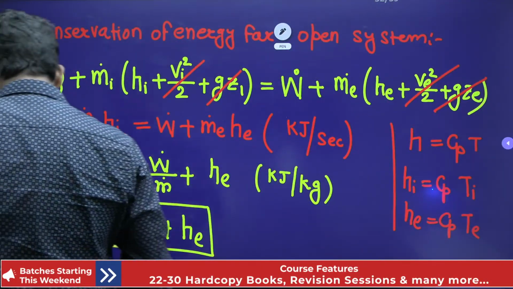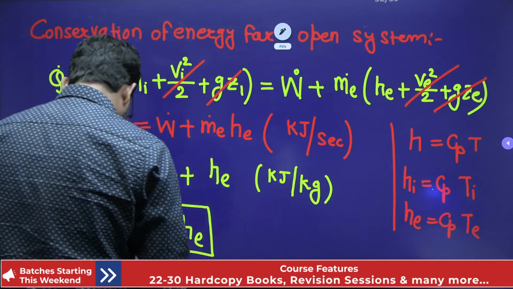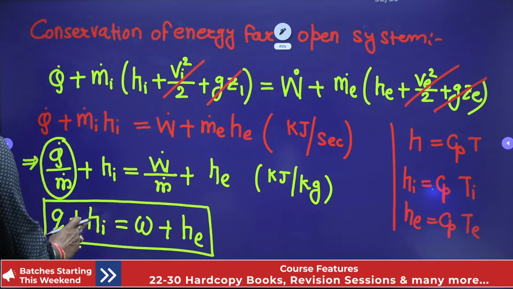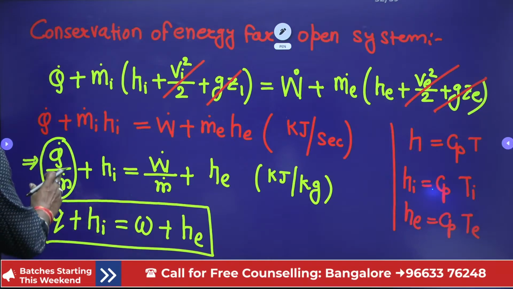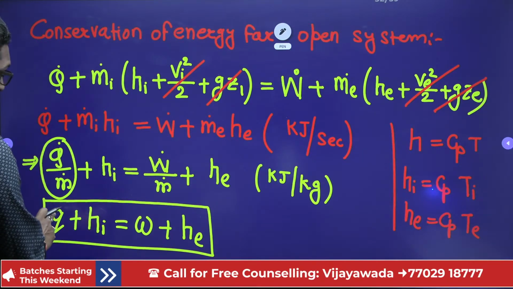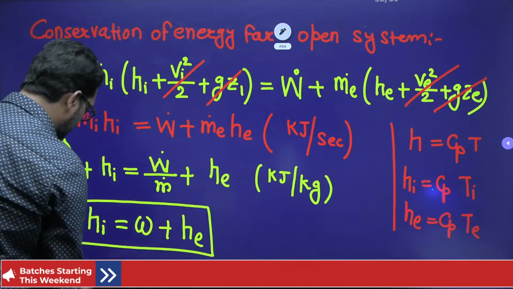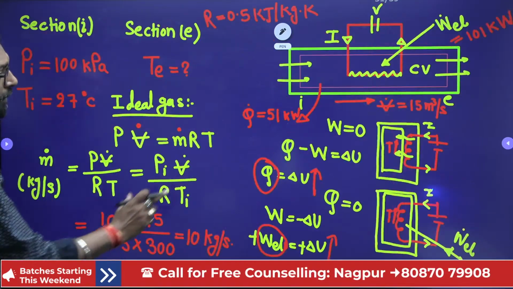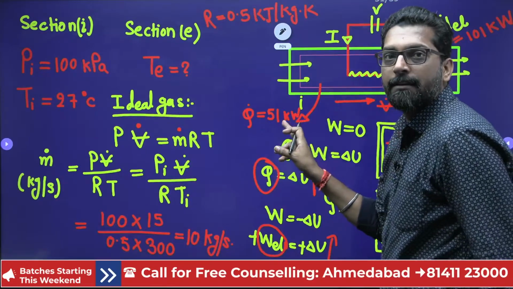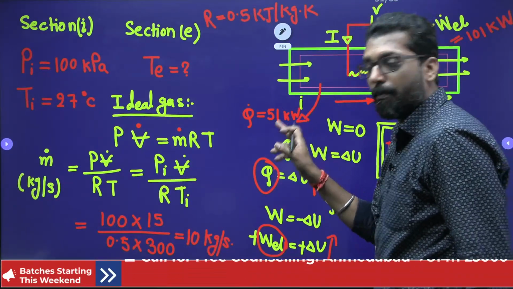So m dot is given, and Q is given. Now this Q is in kilojoule per kg, but here Q is given in kilojoule per second.